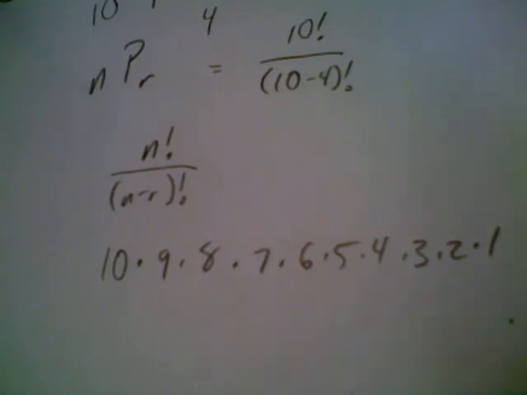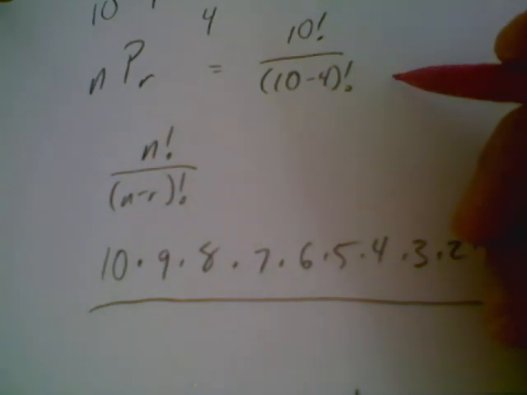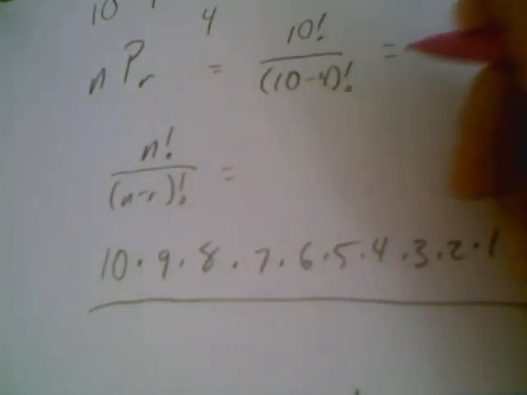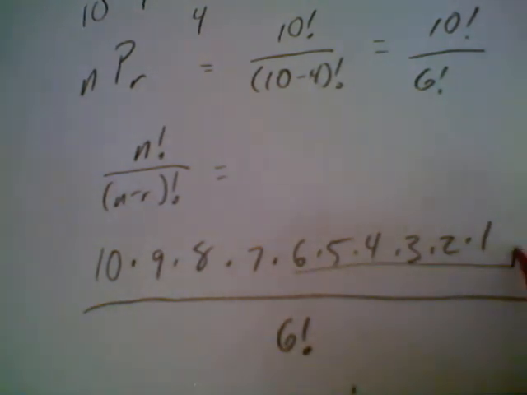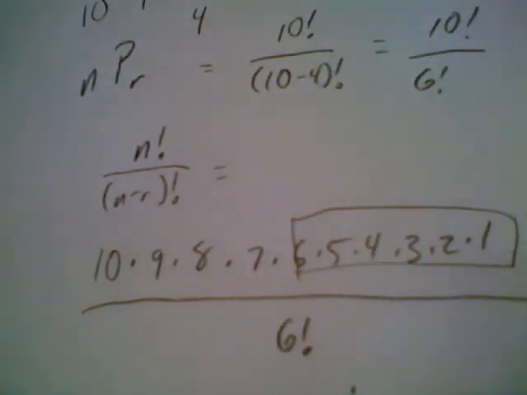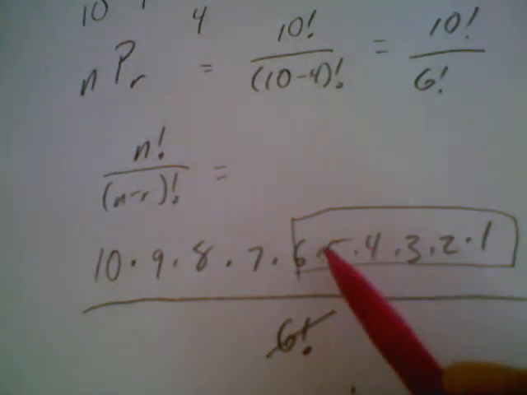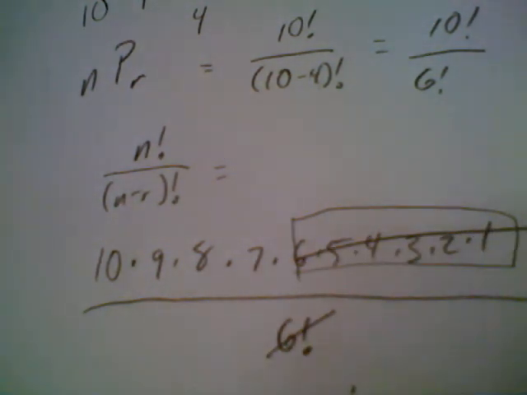That's 10 factorial. 10 minus 4 is 6, so this becomes 10 factorial over 6 factorial. 6 factorial is really this right here. This is the same as this, so we can cancel that out.